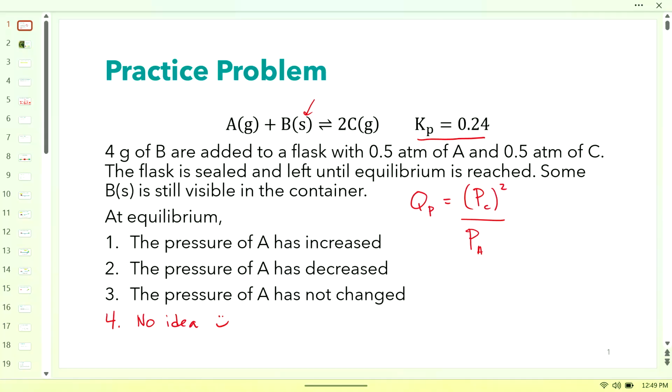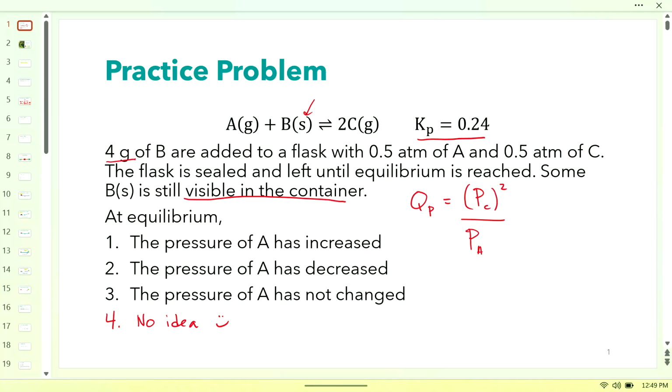So the fact that I have 4 grams there doesn't matter. The really significant thing is that at the end of the day, I have some B left, which means that I have established equilibrium. But I don't care how much, I just need to know that it's there.